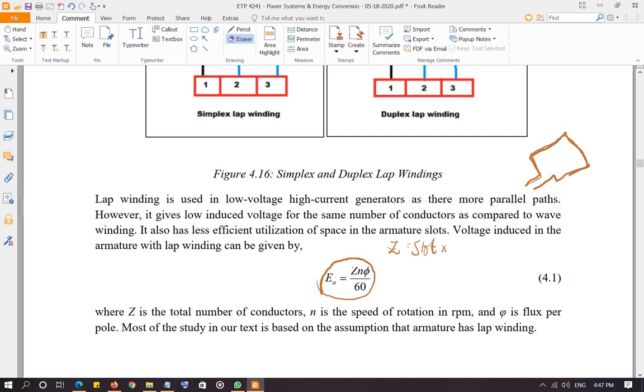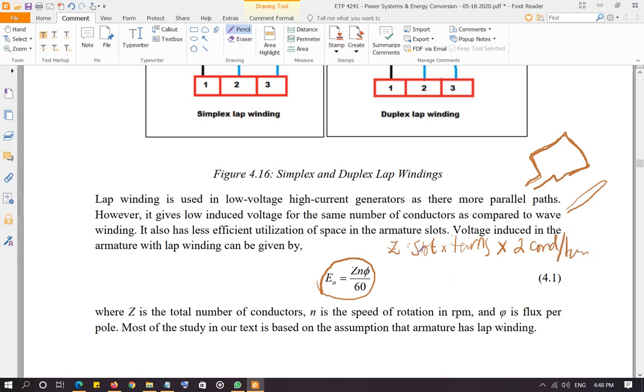So you multiply number of turns in each slot. And finally, when you have one turn, you have one conductor here where the voltage is going to be induced and the other conductor on the other side. So basically you have a winding like this. You're doing a turn like this. So you have one conductor on top and one at the bottom. So you have two conductors per turn.